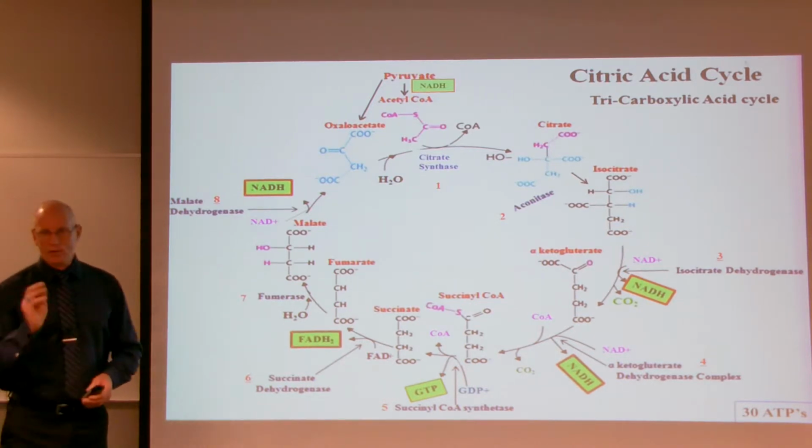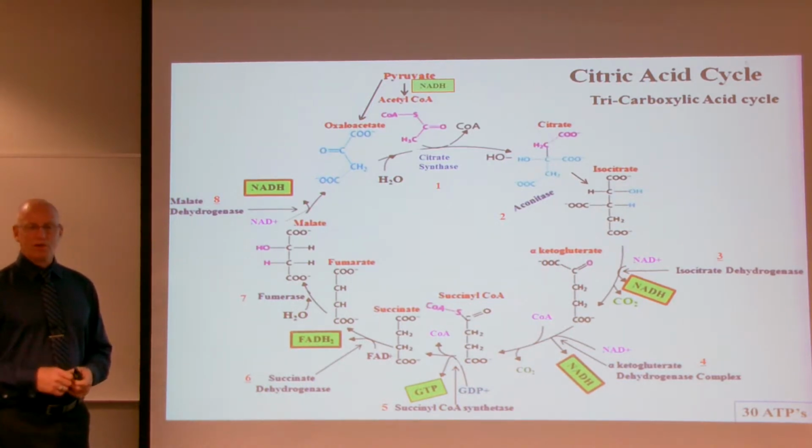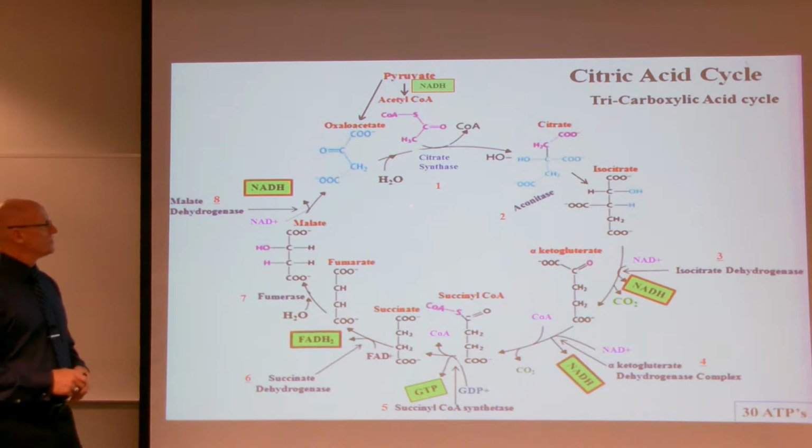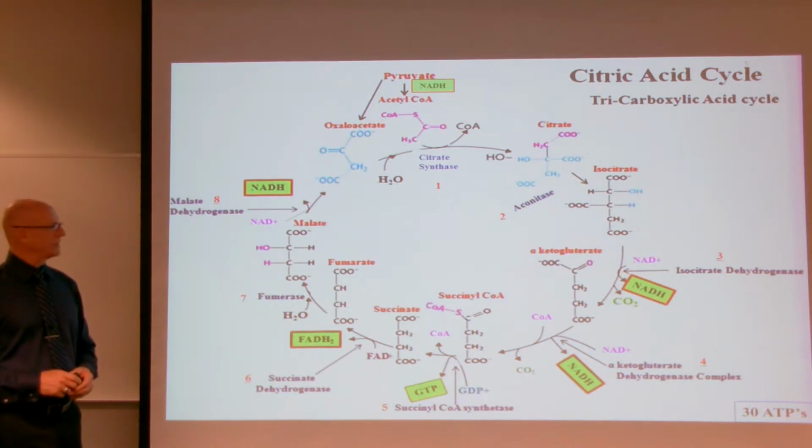So if you remember, pyruvate is the ending product of glycolysis. Pyruvate will enter the mitochondria and be converted to acetyl-CoA. So the first step, citrate synthase, will help transfer two of the carbons from acetyl-CoA onto the four-carbon molecule oxaloacetate. By losing a coenzyme A, it is converted to citrate.